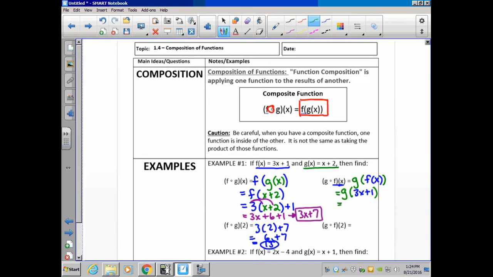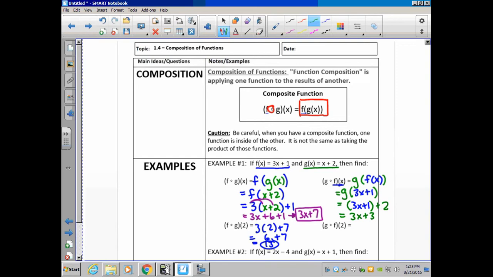So it looks like this. G of x is x plus 2. Okay, so that's the template of my function g. I'm going to replace x with 3x plus 1. So 3x plus 1 plus 2 is 3x plus 3.